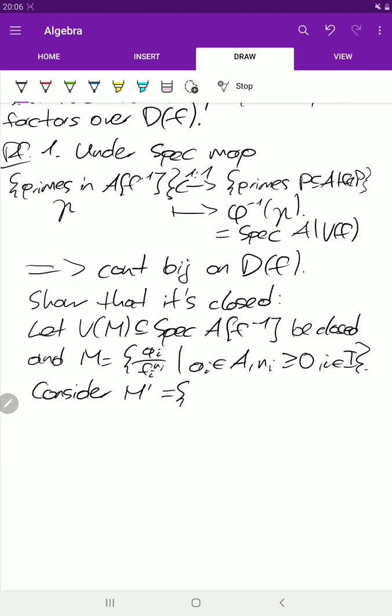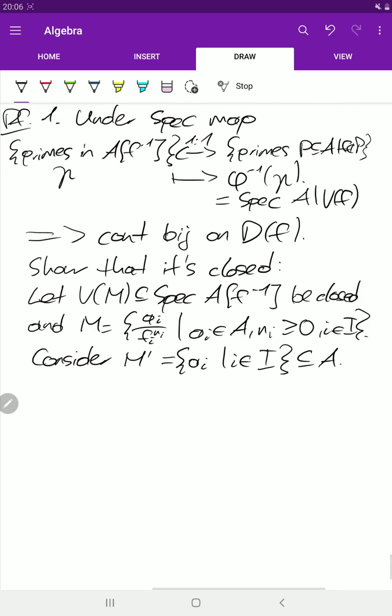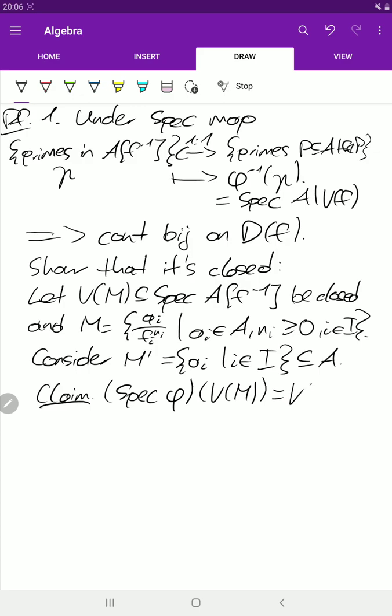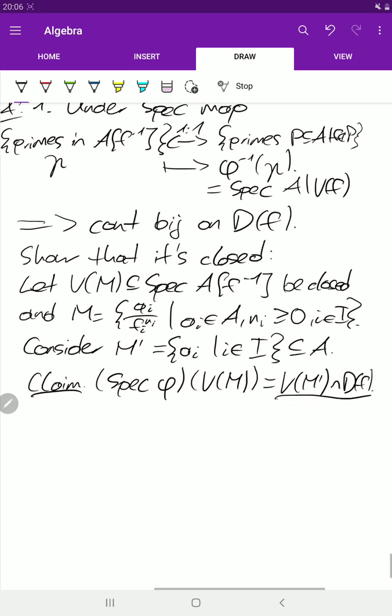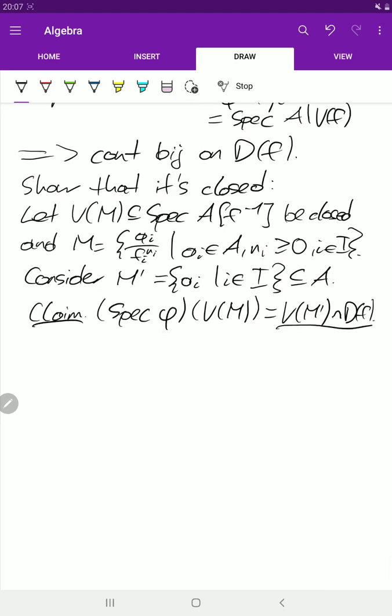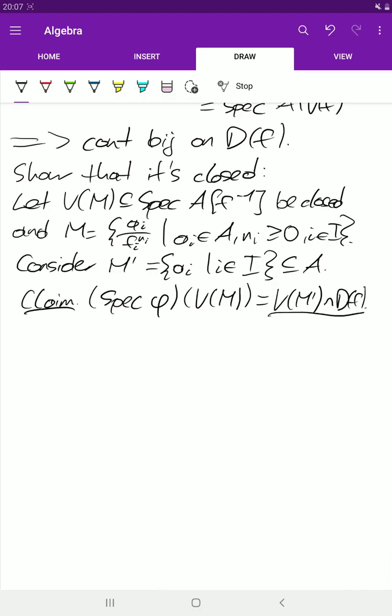So this is just the set of these a_i, a subset of A. And the claim is that if we apply Spec of phi to the vanishing of M, then this is the vanishing of M prime intersected with D(f). And that, of course, is a closed set in D(f). So that would show that it's a closed map.